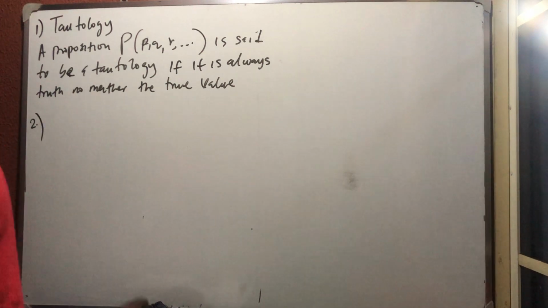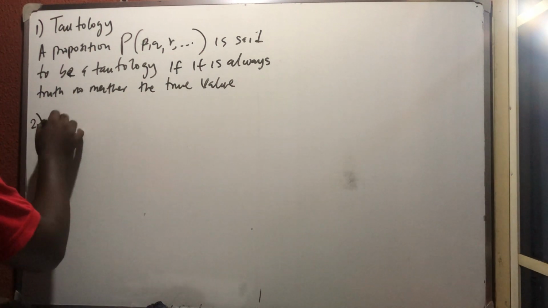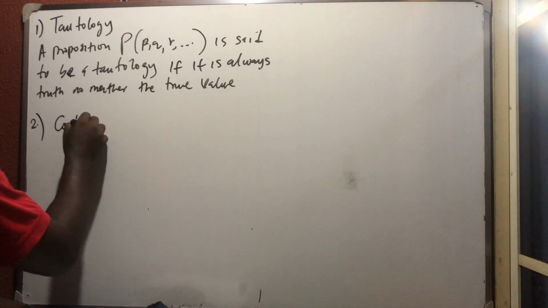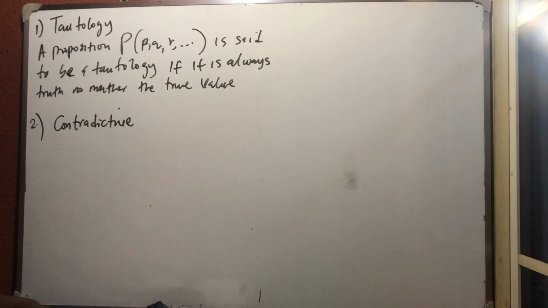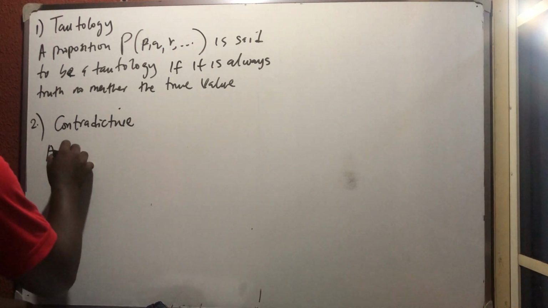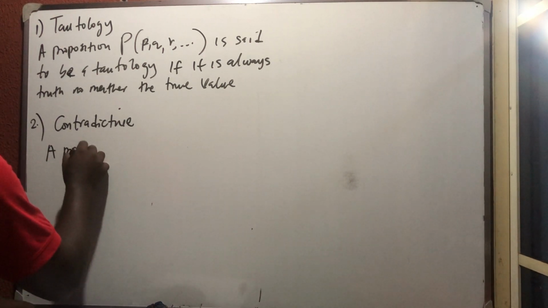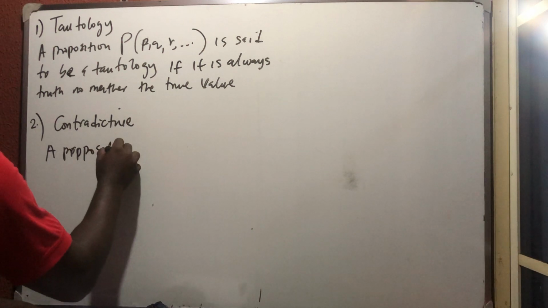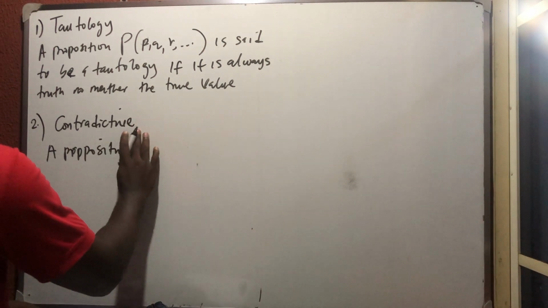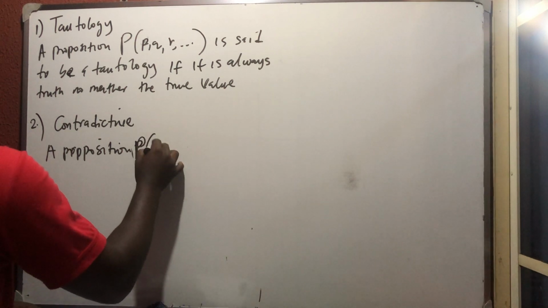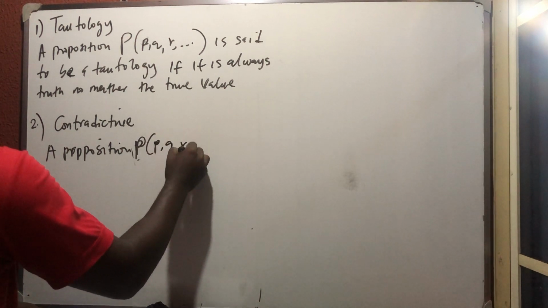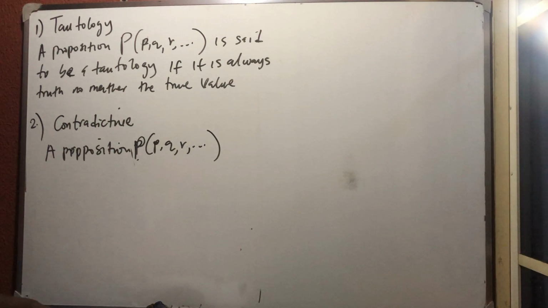Number two is contradiction. We say that a proposition P, which is P, Q, R, dot dot dot, is said to be a contradiction if it is always false.